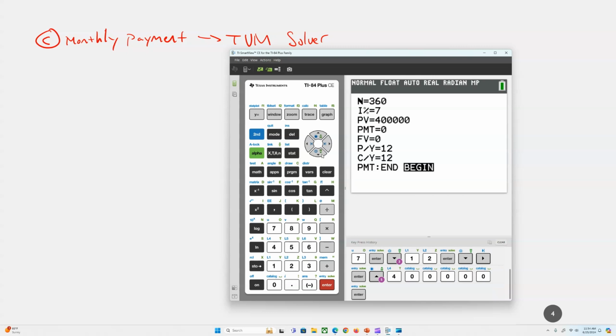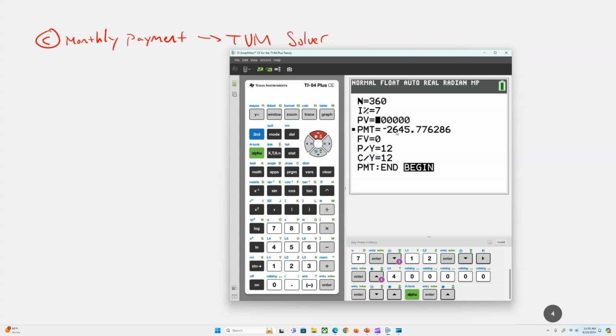And what we want the loan amount to go to in the future value is zero. You put your loan amount in present value and you want it to go to zero because you want to pay off your loan in the future. So you're going to go into payment and hit alpha solve. And this right here will be your monthly payment.